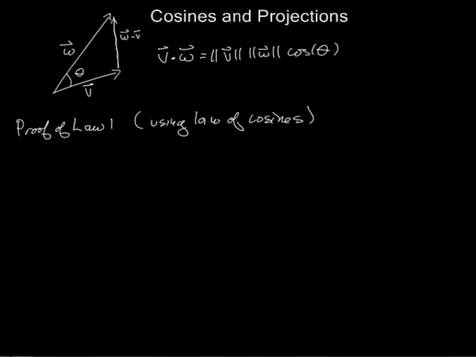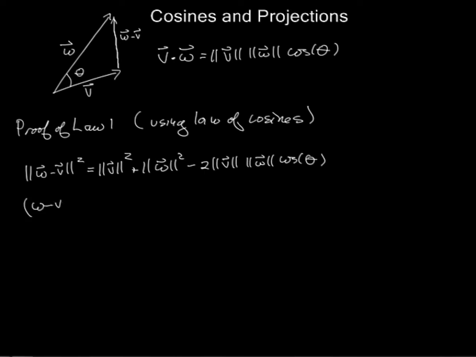So let's draw this third leg here. And what I know by the law of cosines is that the length of that leg squared is equal to the length of v squared plus the length of w squared minus 2 times the length of v, the length of w, cosine theta. And, well, we're just going to basically write this out and cancel some terms to get what we want.